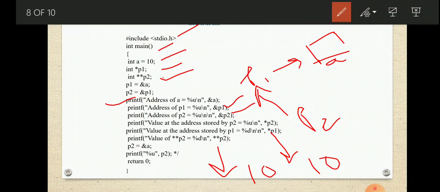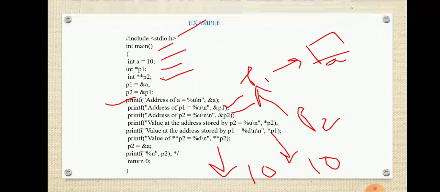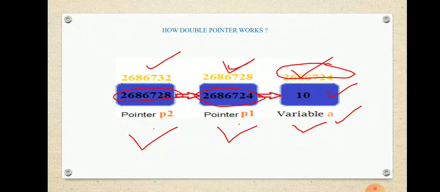When I write asterisk P1, it will give the value of A. In case of a double pointer, the same thing, like in a single pointer we write asterisk P1, but in a double pointer we write double asterisk P2. So these are both doing the same thing. So it will be printing 10. So P2 equals to address of A.